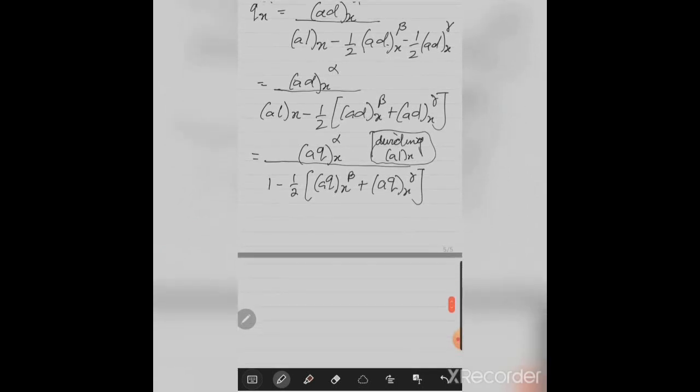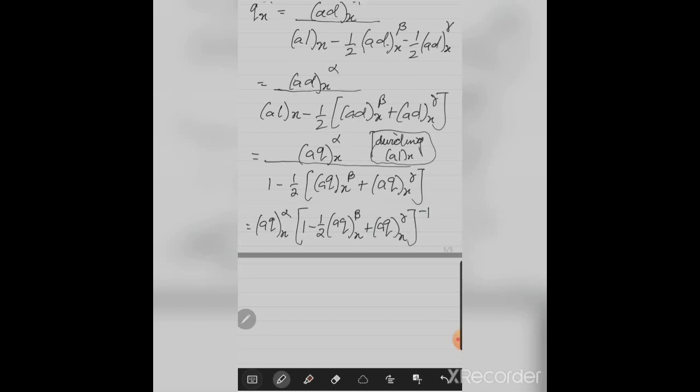If I take the denominator to the numerator, I will get aqx alpha, then 1 minus 1 over 2 times aqx beta plus aqx gamma, and this raised to the power minus 1.